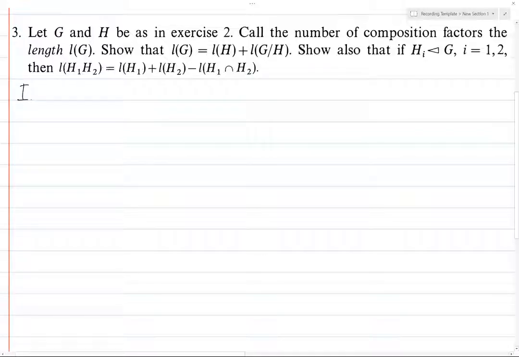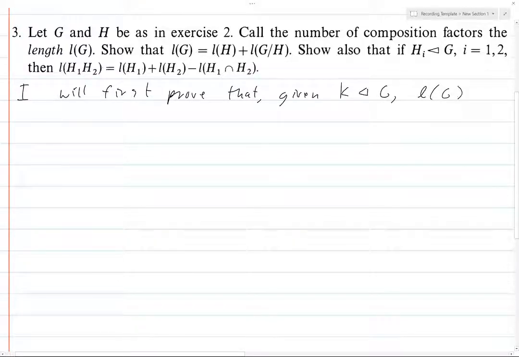So we have this length function, and I will first prove that given a normal subgroup K in G, the length of G is equal to the length of K plus the length of G mod K. And this should make sense because this is going to use the previous exercise 3.3.2 a lot.